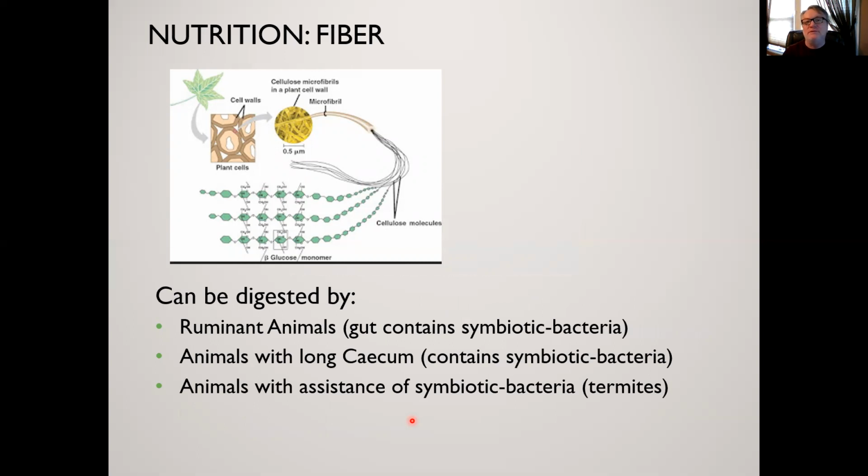Humans don't have this ability other than a little bit in our large intestine, where our bacteria can digest fiber to produce vitamin E. But the actual ability to gain glucose, to break the fiber down so that you can use it for energy, the animals that can do that have to gain benefit from a bacteria.